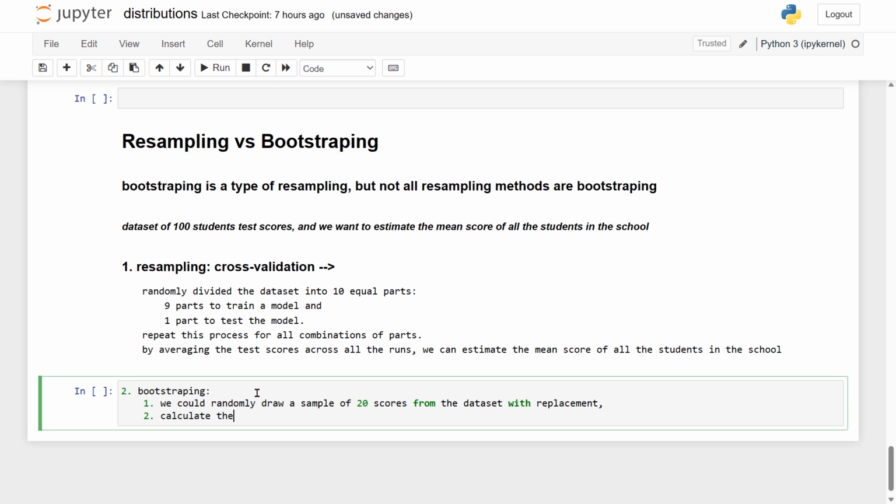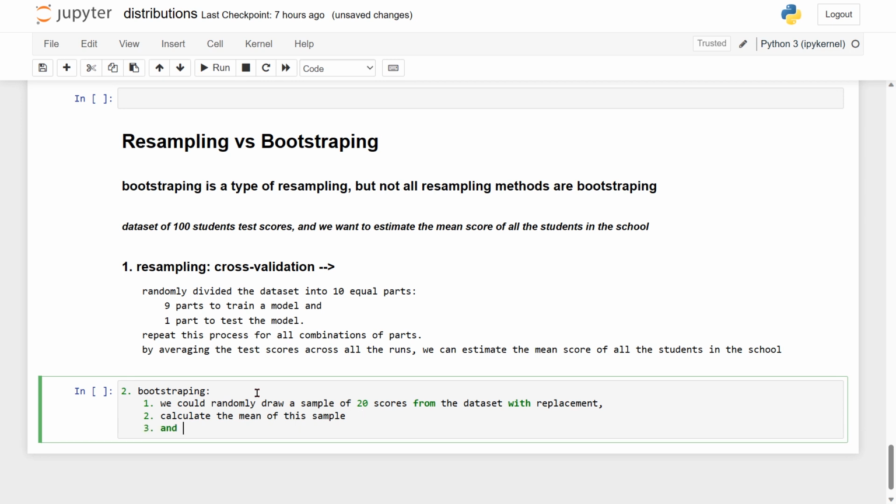Then calculate the mean of this sample, and repeat this process many times to create a distribution of sample means. This is what we call a sampling distribution.